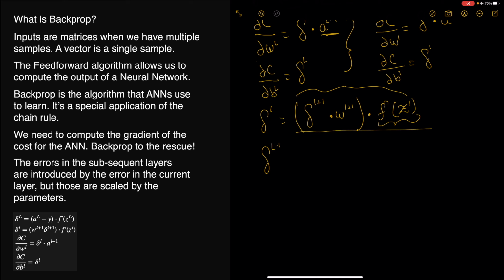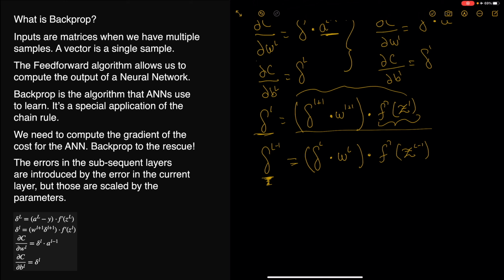So once we have that, can we compute the error at L minus 1? Well, yes, we can, right? If we follow this little formula here, then we can say delta L minus 1, or the error at the Lth minus 1 layer, is going to be the error at the Lth layer times the weight at the Lth layer times the error at this current layer, L minus 1.